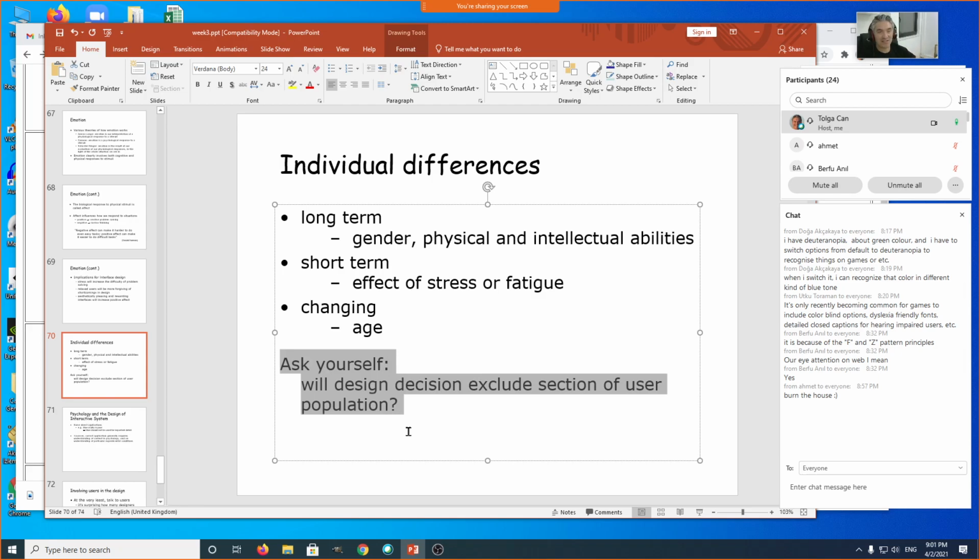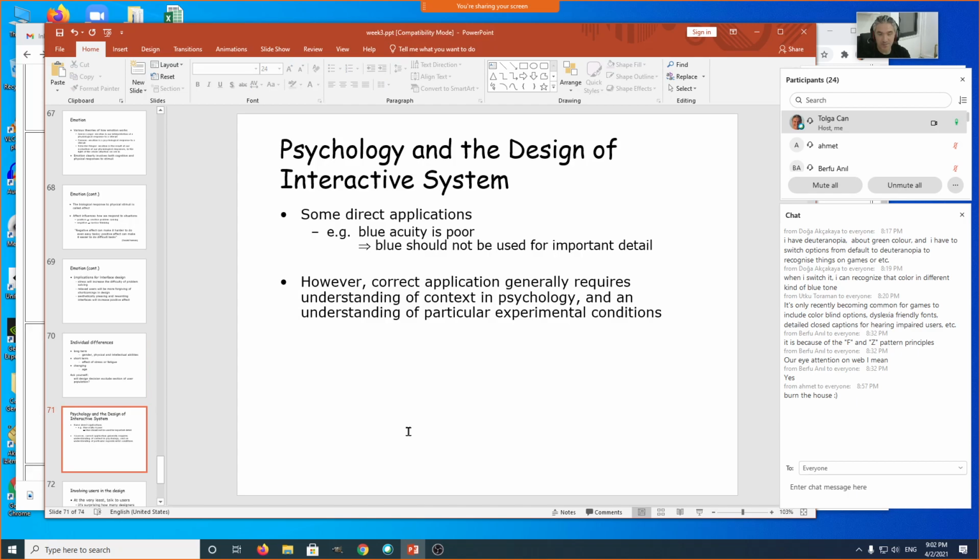When we make a design choice to put something there, to make it gray, to make it green, we should ask, does this really cater to all of the user population, my target population, or am I leaving certain parts of the population out?